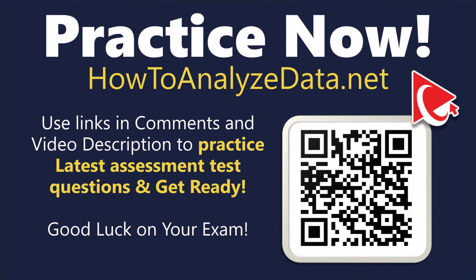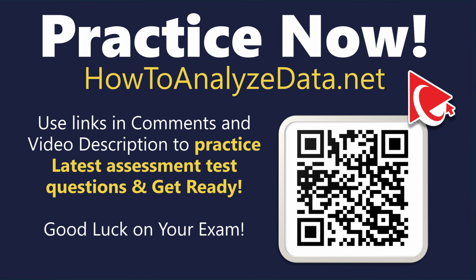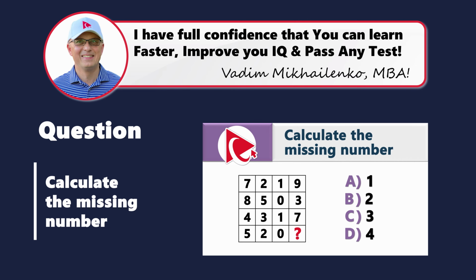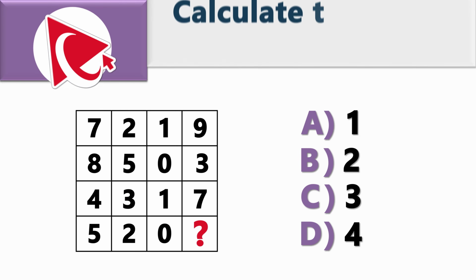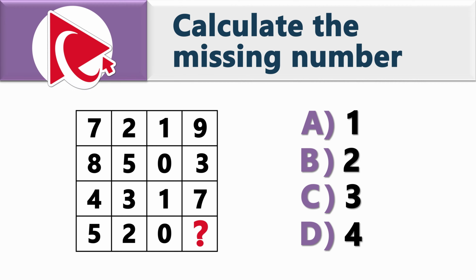It's puzzle time, and this one is more perplexing than teaching a goldfish how to play chess. You're presented with a 4x4 matrix. One of the values in the matrix is missing. The values that are there, starting with row 1, are 7, 2, 1, and 9. Row 2 has 8, 5, 0, and 3.